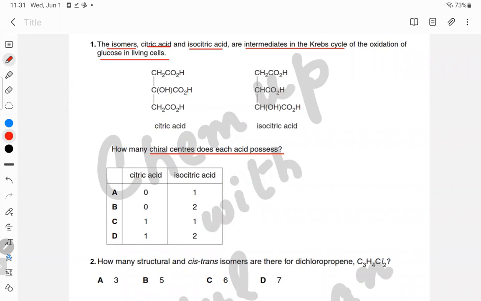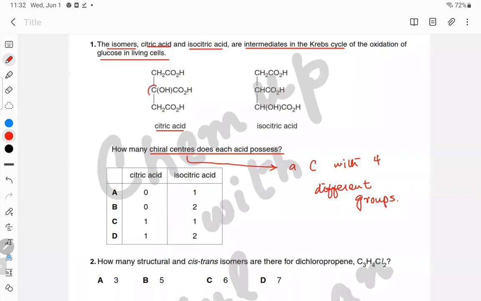Okay. So if we look at citric acid, if they are asking about the chiral center, we all know it is a carbon with 4 different groups. So yes, Hoor and Tisha, your answers are correct.